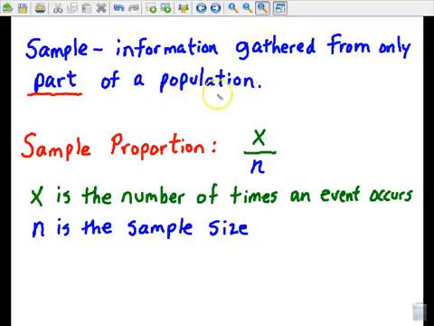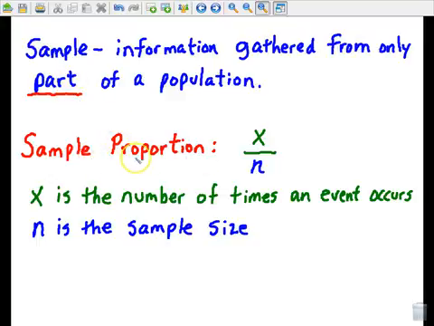You can think of every eligible voter in the United States as being the population. That's not going to be possible. It would take too long and be too expensive. So we can get a good response from part of the population, which is what a sample is, and again, we're just trying to avoid bias in our sampling.